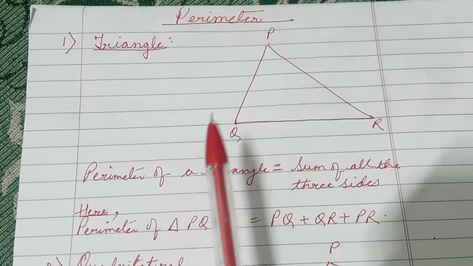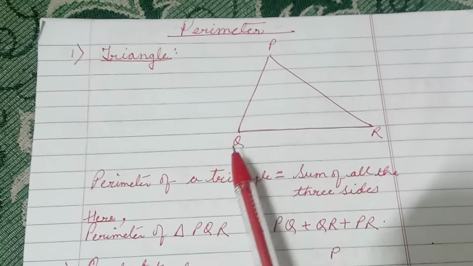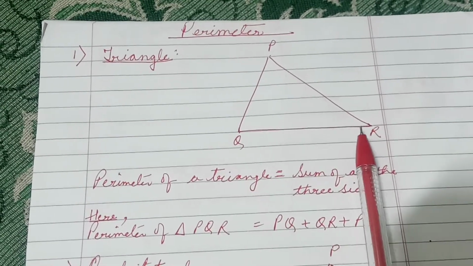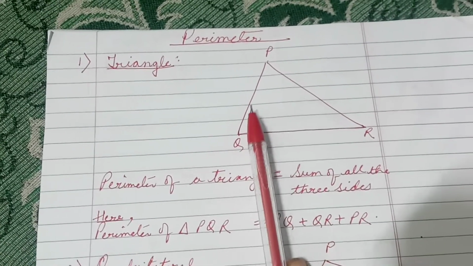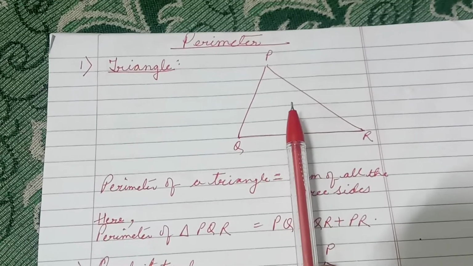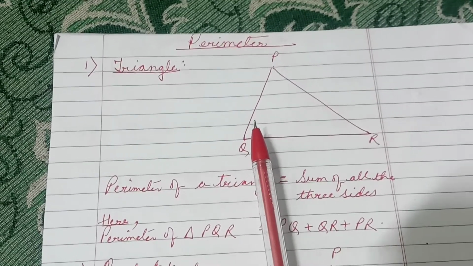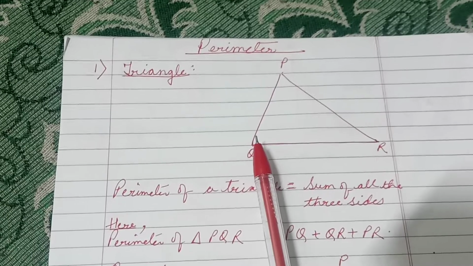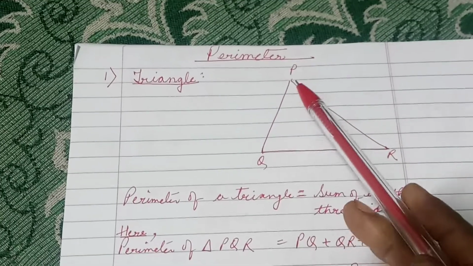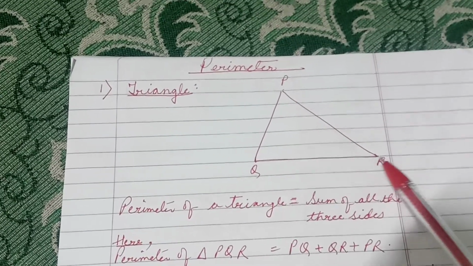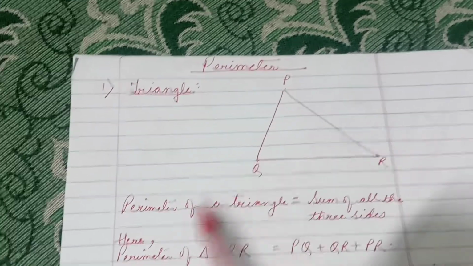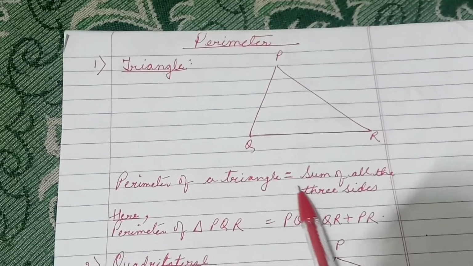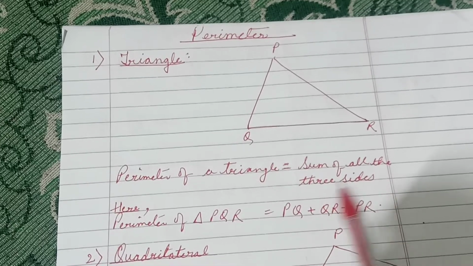Children, here is a triangle named PQR. So children, if we find the perimeter of this triangle PQR, then we have to find the sum of its boundary, isn't it? Means sum of these three sides. So perimeter of the triangle equals the sum of all the three sides.